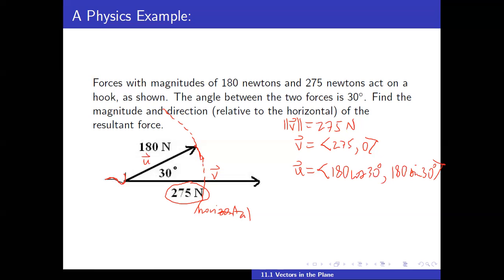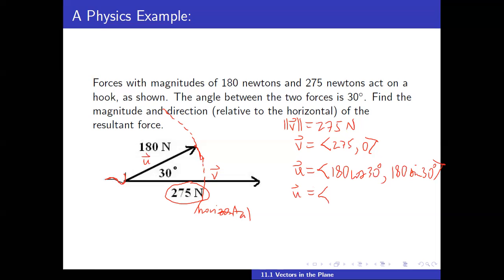And just to make sure we're all on the same page here, what is the cosine of 30 degrees? Radical 3 over 2. Okay, cosine of 30 degrees is radical 3 over 2.